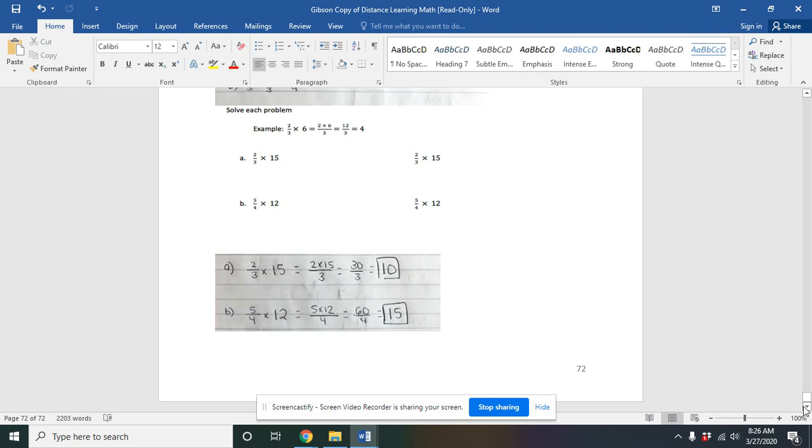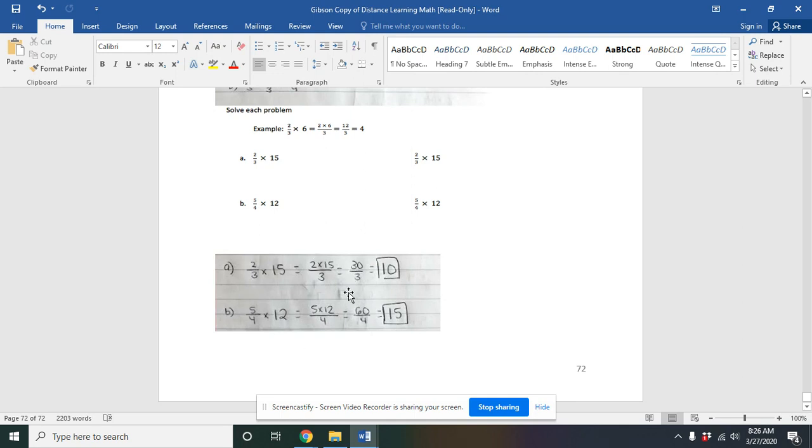Because technically, if we look at this in a different way, if I have 15 wholes, that means I have 15 ones repeated over and over again. So I have 1, 1, 1, 1, 1 15 times. So one whole, one whole, one whole 15 times, which is why I'm only multiplying that whole number by my numerator. Okay, so I'm doing 2 times 15 just as an example.